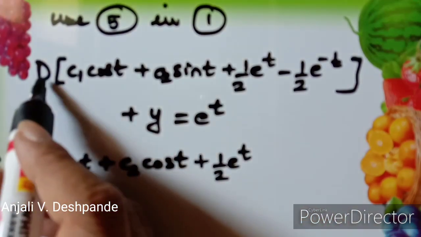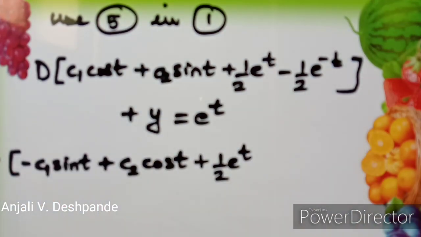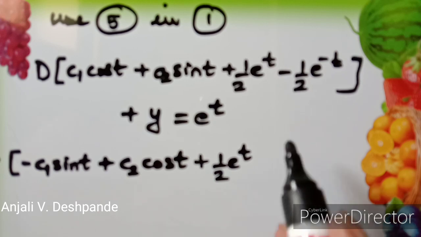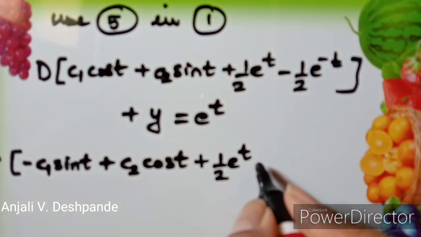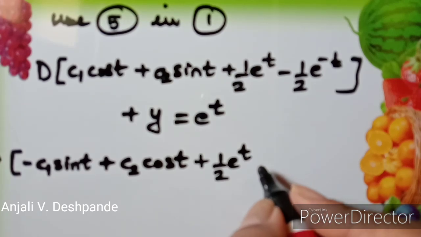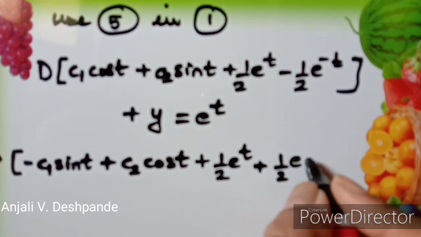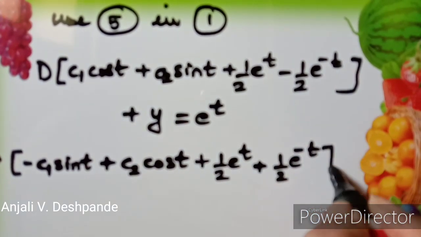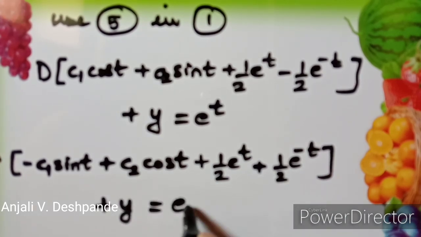That means we are finding the derivative basically, because capital D is the operator d by dt. So over here minus, plus 1/2 e raised to minus t and plus y is equal to e raised to t.